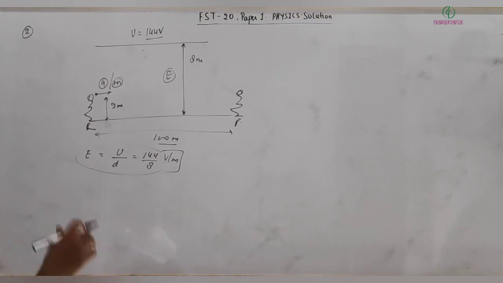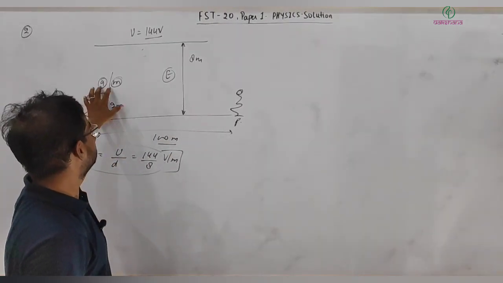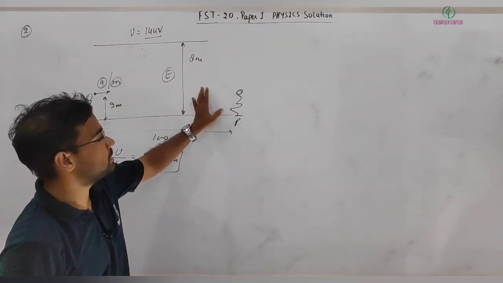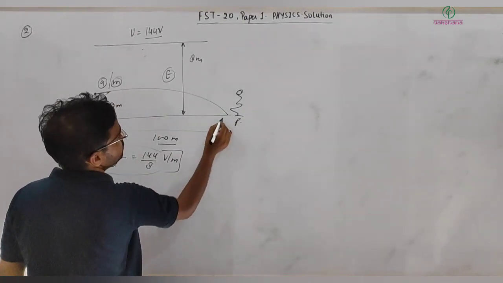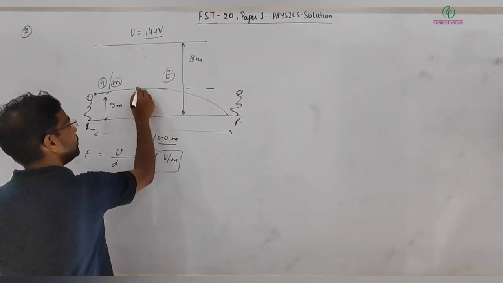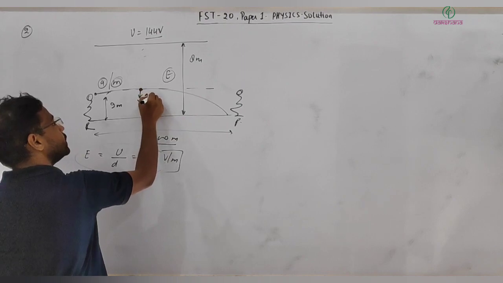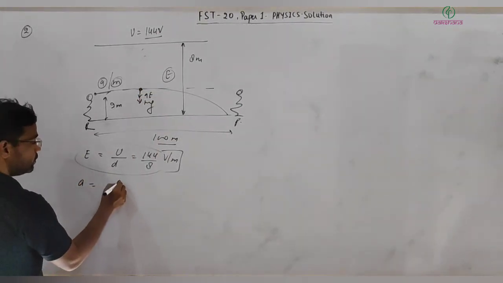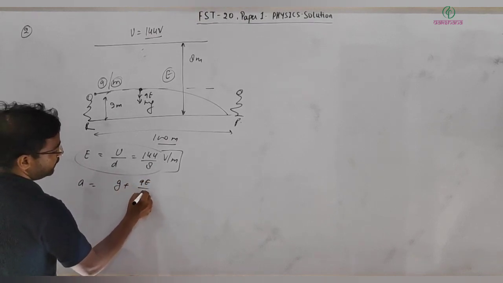The condition is: what should be the least q by m ratio so that the bullet strikes the ground before striking the policeman? So the motion of the bullet should be something like this. The net downward force on the bullet will be mg plus qE, right? So the acceleration of the bullet downward will be g plus qE divided by m.